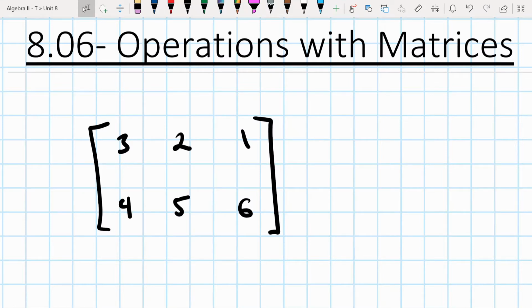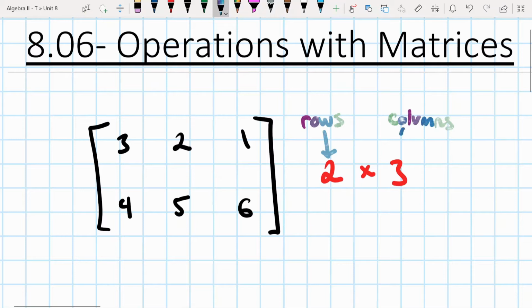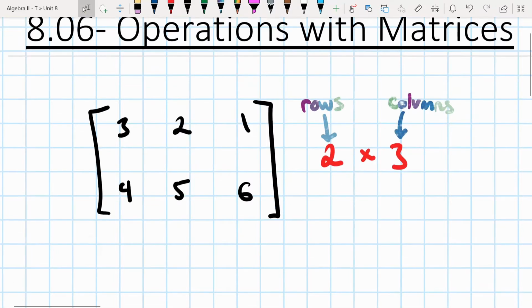And the way we notate it is there are 2 rows for this example and 3 columns. So this is a 2 by 3 matrix because there are 2 rows and 3 columns. So the row comes first and then the column comes next.